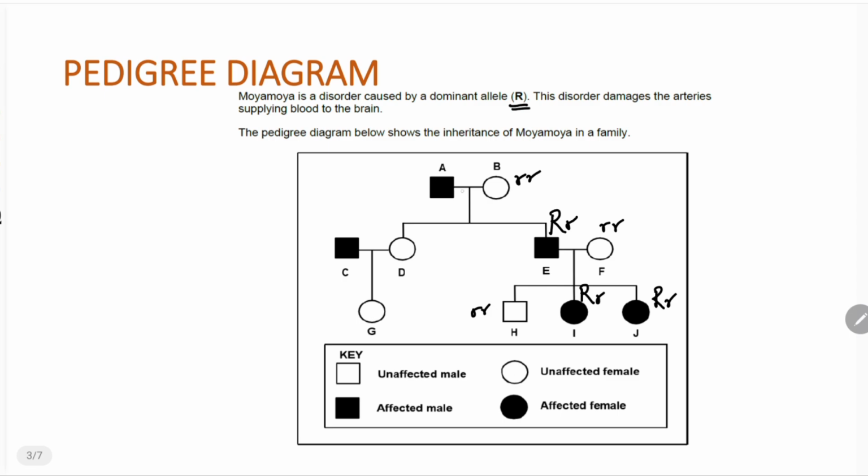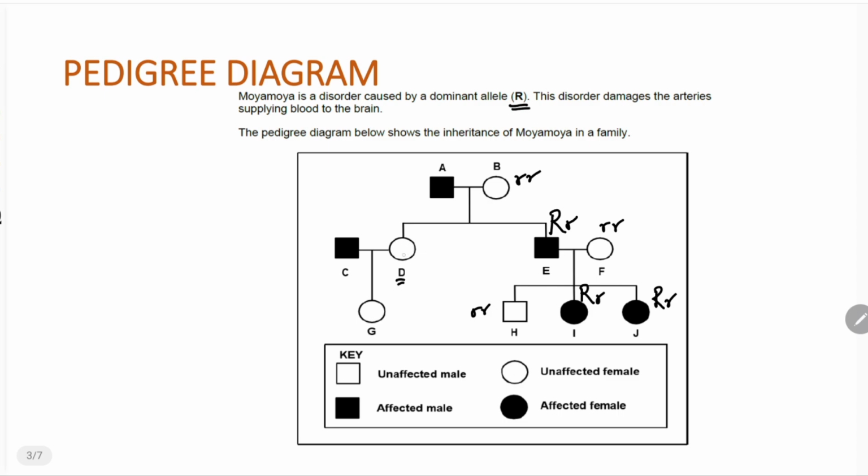But let's come to individual A now. Individual A, is this person homozygous dominant or is this person heterozygous? Individual number A can only be heterozygous for moya moya. Why do we say that? Individual A and individual B were able to give birth to individual number D. Now, individual number D is a female that is not affected by moya moya.